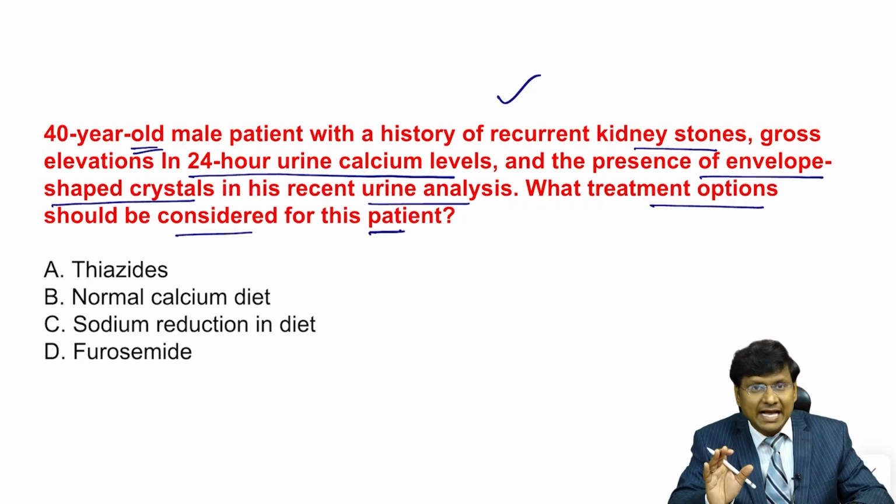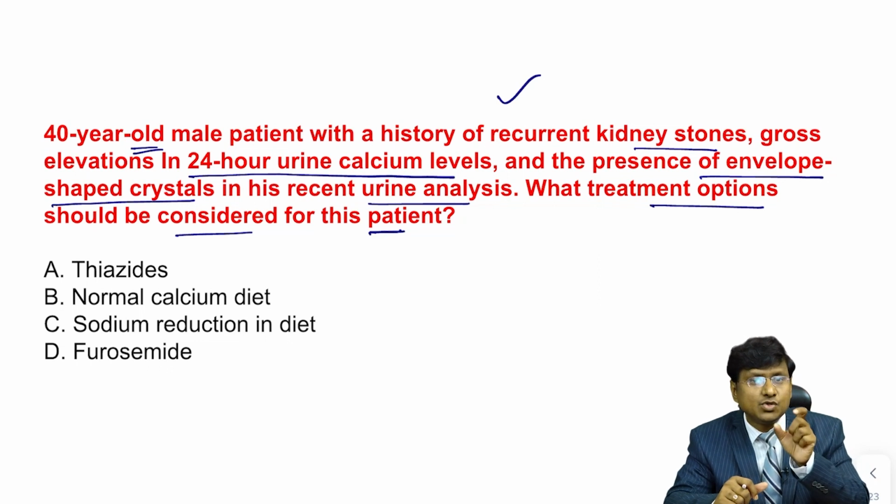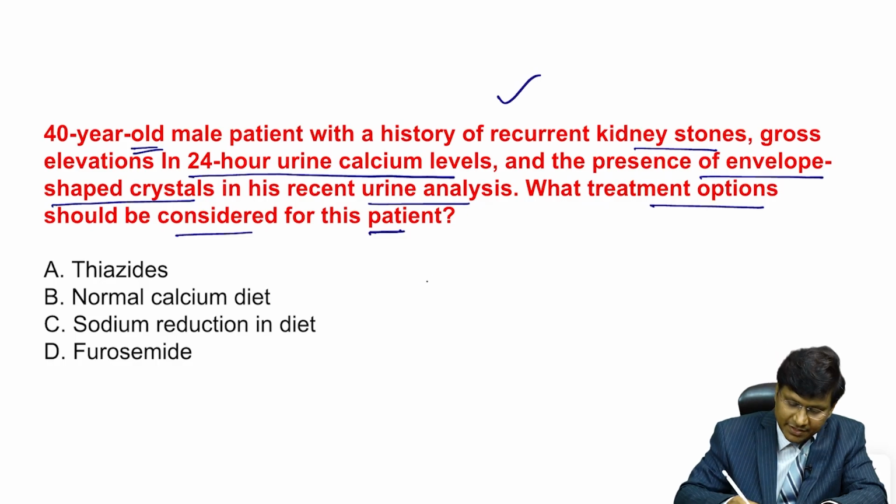So the patient is having the envelope-shaped crystals. The presence of the envelope-shaped crystals is suggestive of hypercalciuria, and this hypercalciuria will result in the calcium oxalate stones.